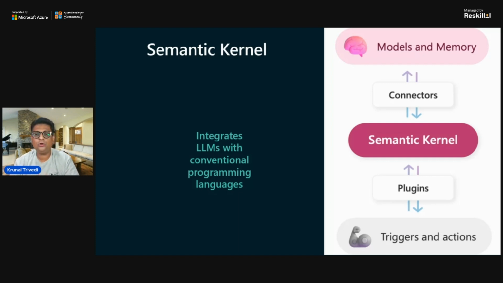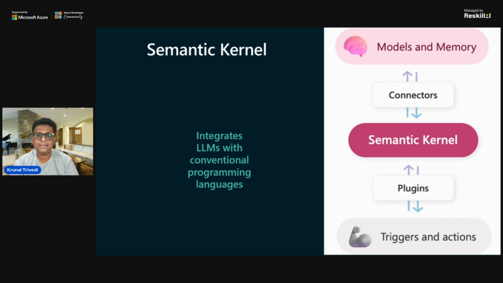So you are not going to learn the internals of these LLMs' APIs, right? You are just going to talk to the Semantic Kernel SDK. And then the Semantic Kernel SDK allows you to connect to various LLMs with the help of their APIs. The key component, as you can see in this diagram, is the Semantic Kernel SDK itself.